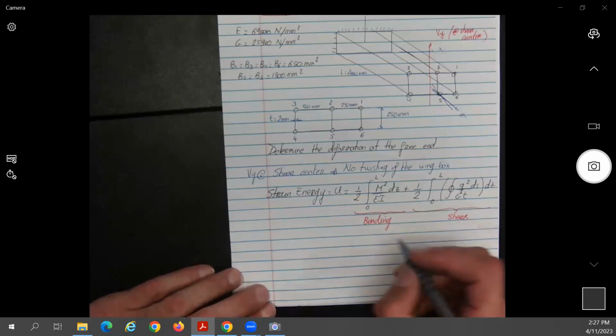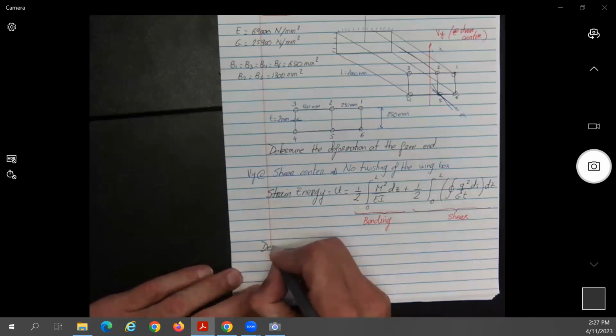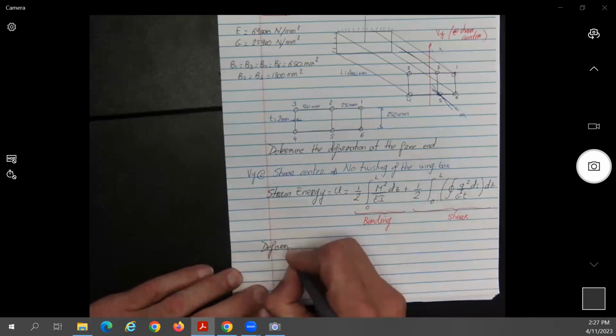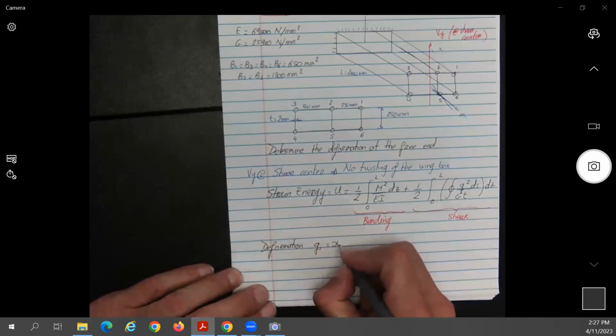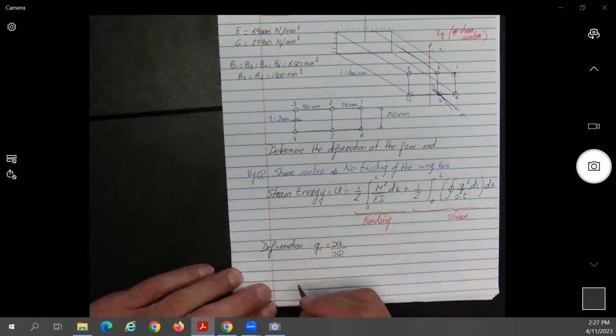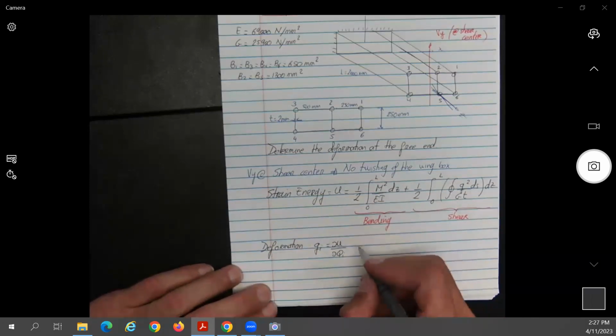Okay, so we know that the deformation is obtained by taking the partial derivative of this one with the force applied at a given point. This becomes what?